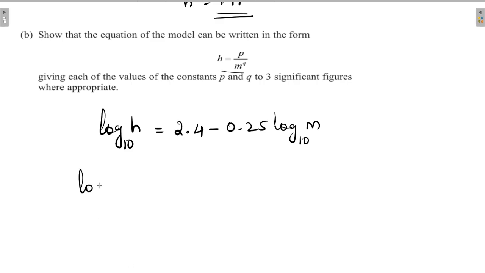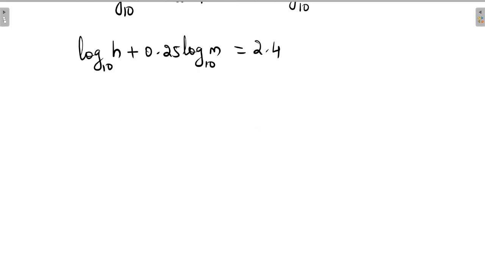So log h to the base 10 plus 0.25 log m to the base 10 is equal to 2.4. Now 0.25 can be put in as the power of m, so log m to the base 10, m power 0.25, is equal to 2.4.